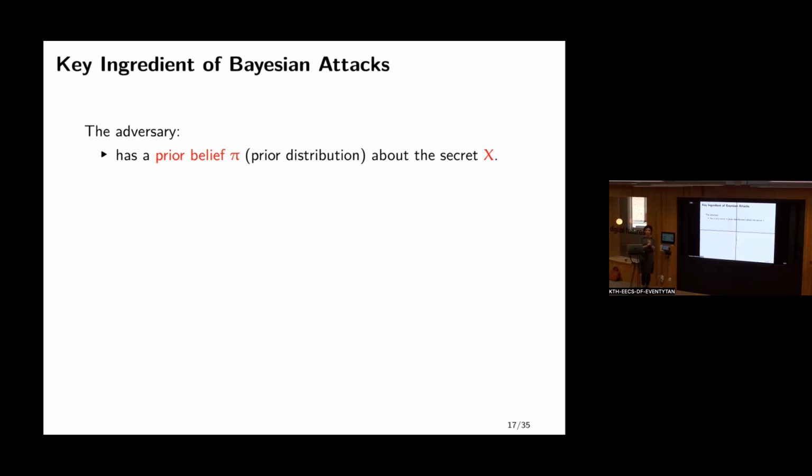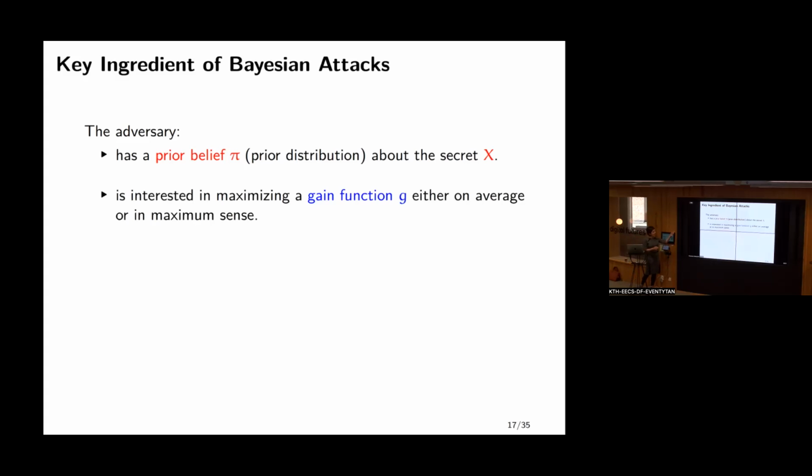That is one key ingredient of a Bayesian attack. The second is that the attacker is interested in maximizing a gain function G, either on average or in the maximum sense. And I will provide some examples of this.